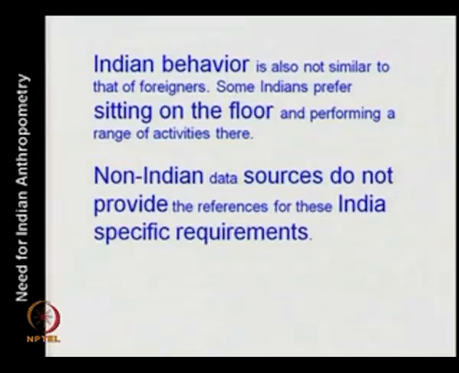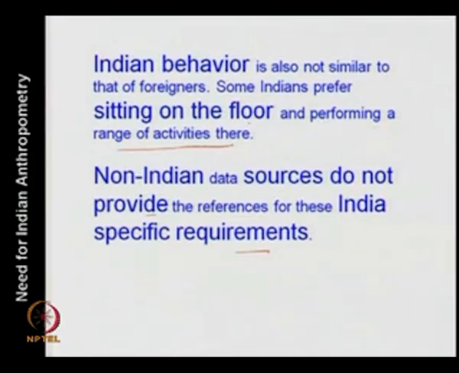So, Indian behaviors in all respects may not be similar to others. Some Indians prefer sitting on the floor and performing a range of activities there. Non-Indian data sources do not provide references for these Indian specific requirements.